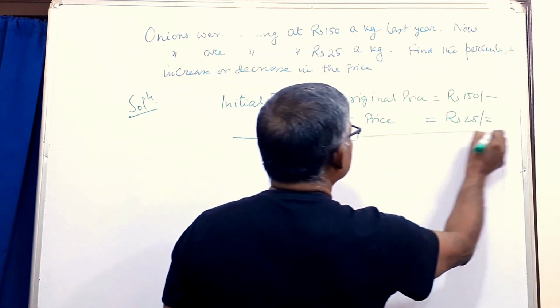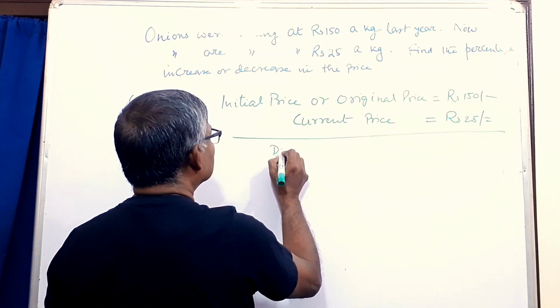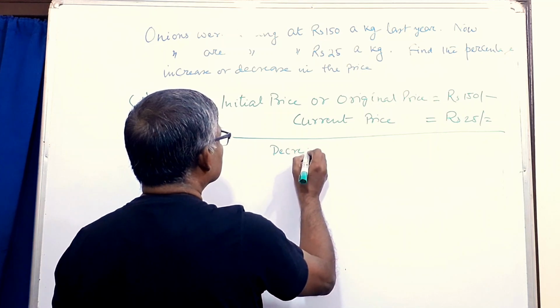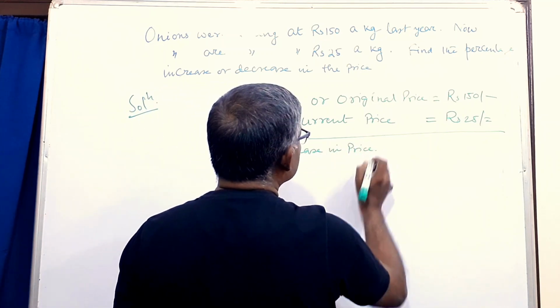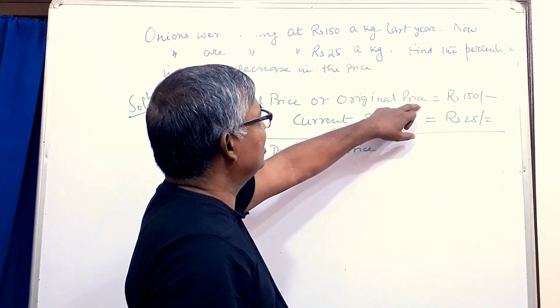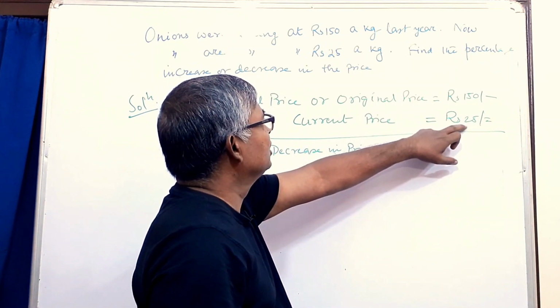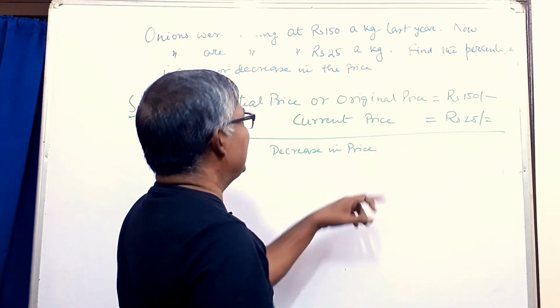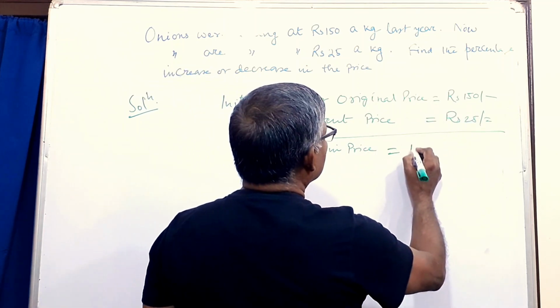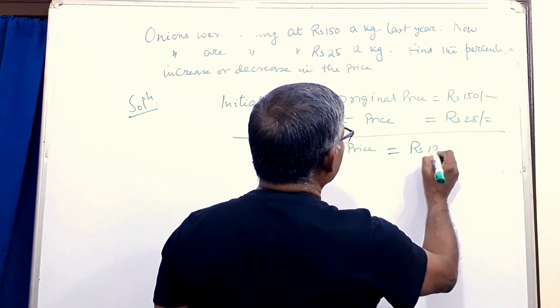Therefore, decrease in price: since the initial price is higher than the current price, the price is reduced. So decrease in price equals to rupees 125.